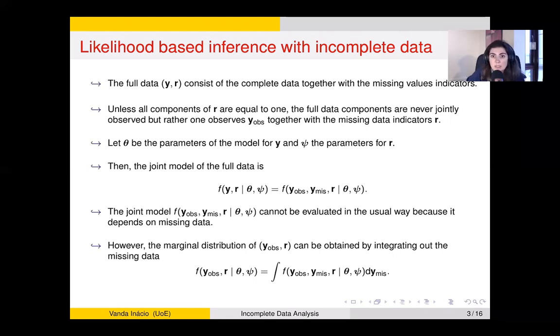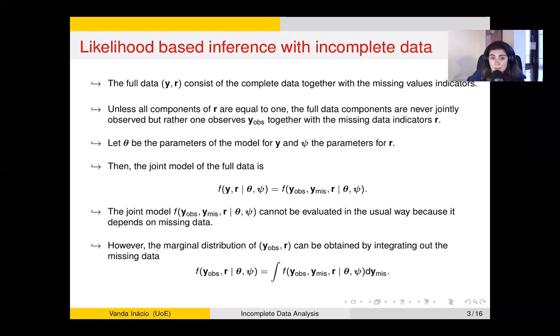And the full data is never really observed because I have missing observations. So what I have in practice is Y observed and R. R, I always observe, it's a matrix of zeros and ones. And then I also have available the corresponding observed part.